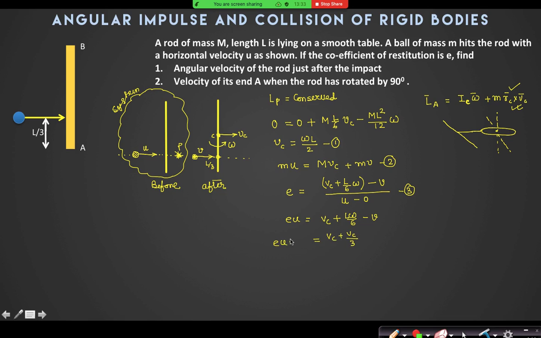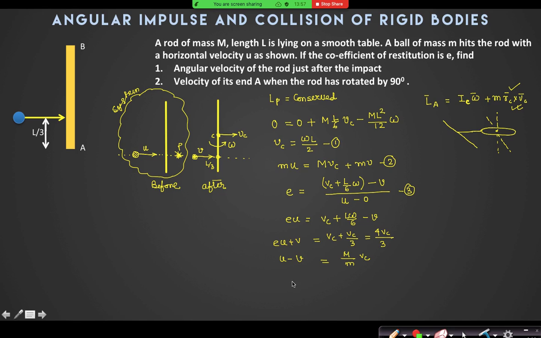EU plus V is equal to 4 Vc by 3. And also I can find from here that U minus V is equal to capital M by small m into Vc. From these two equations, I can find the value of Vc as well as V.